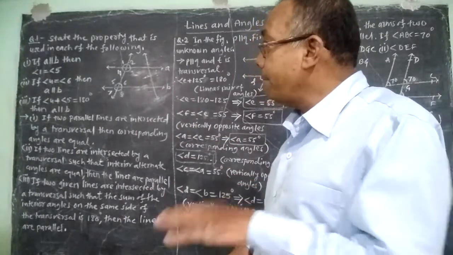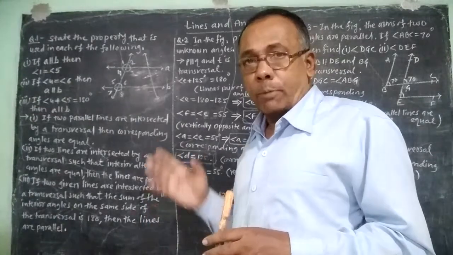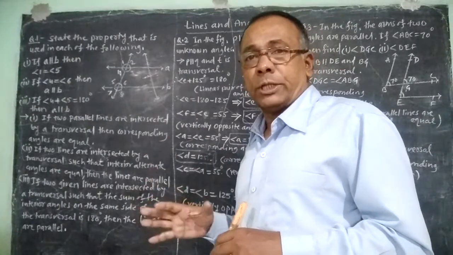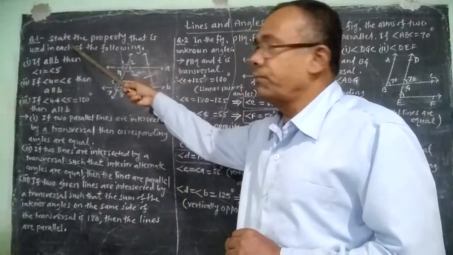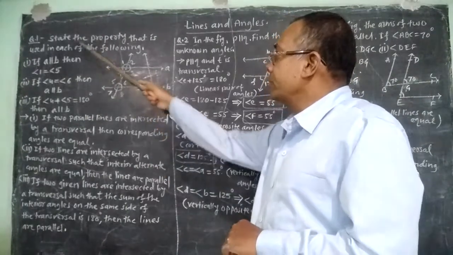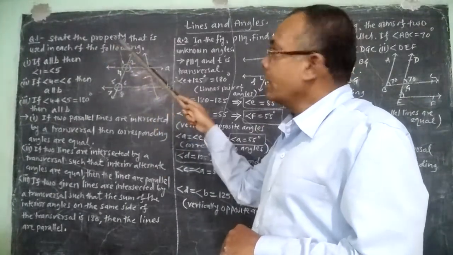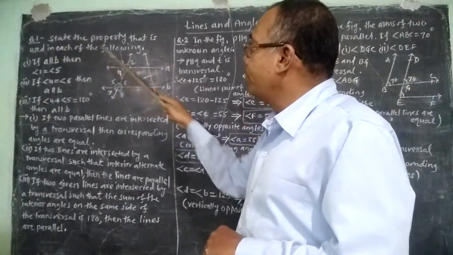So by applying these properties of the angles formed due to the transversal of the parallel lines, we can solve question number 1. Here it says, state the property that is used in each of the following.